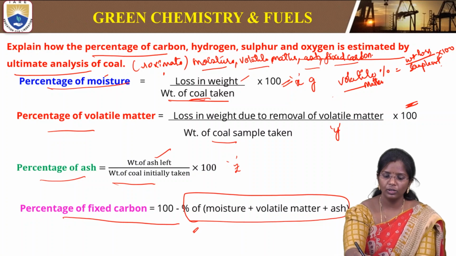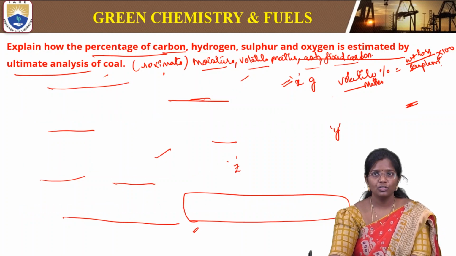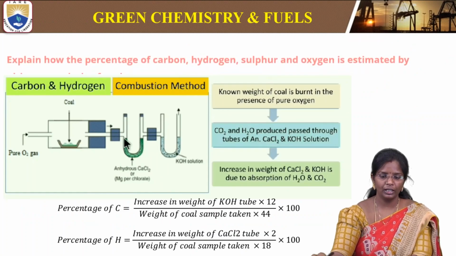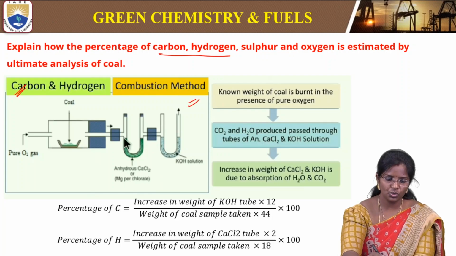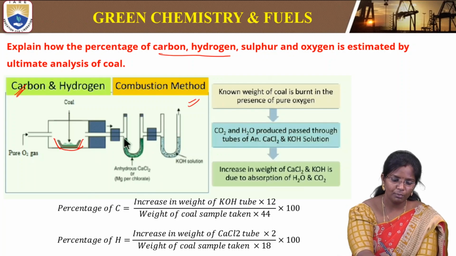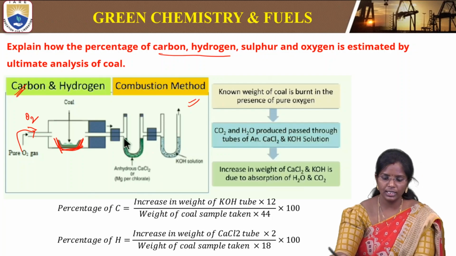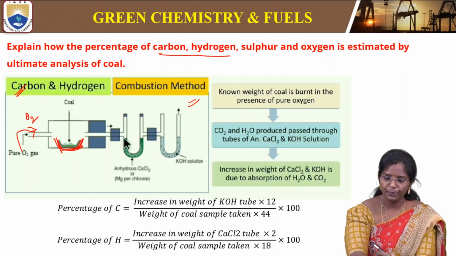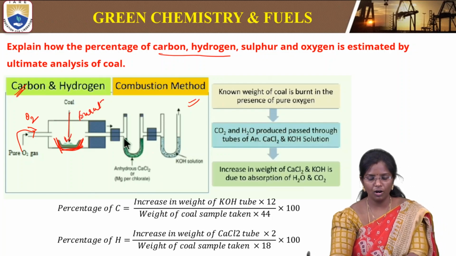Now let us look into the ultimate analysis of that particular coal sample. For that we need to carry out this test for carbon and hydrogen. For carbon and hydrogen, the combustion method is used, wherein we take the coal in a crucible and pure oxygen is sent. Whenever pure oxygen is sent, the coal is burnt in the presence of pure oxygen.